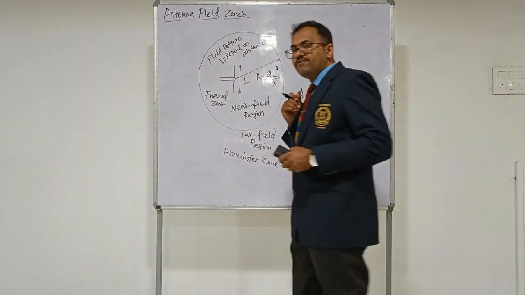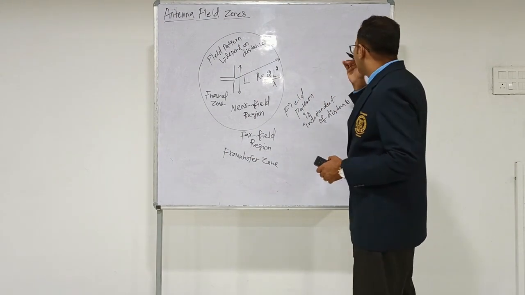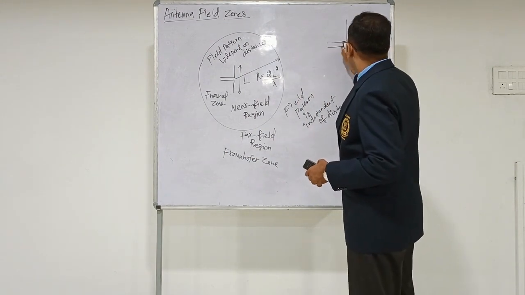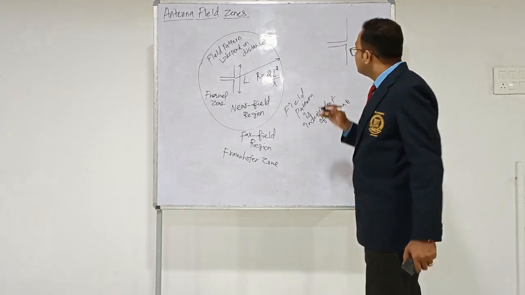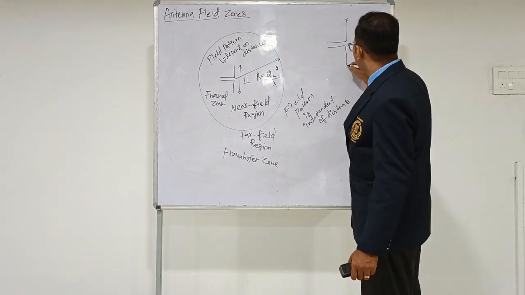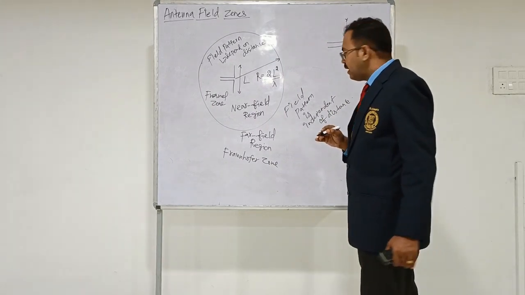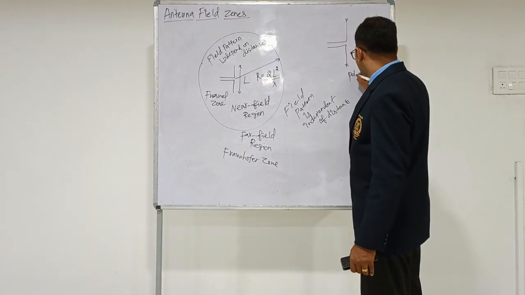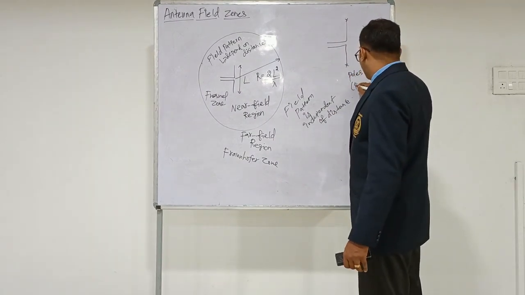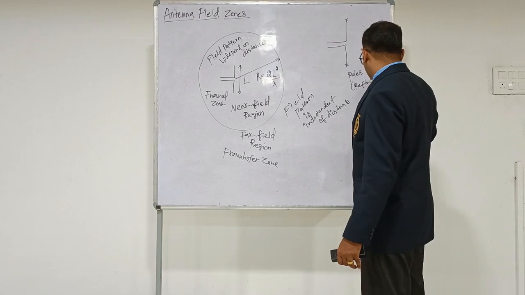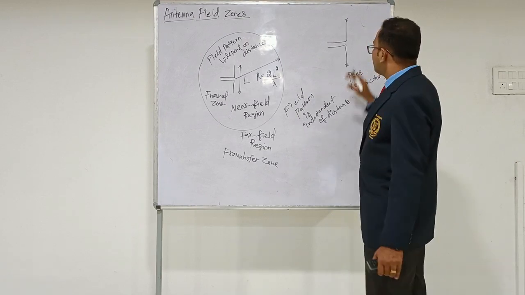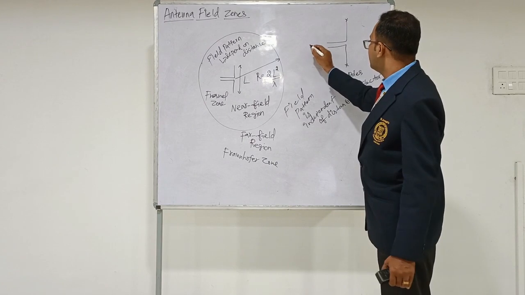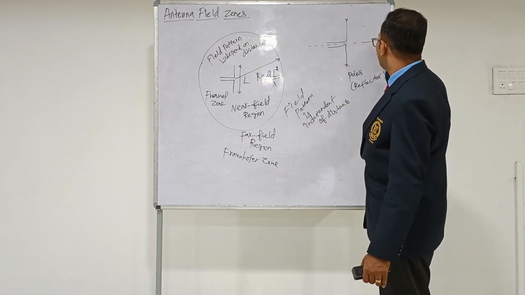Okay. Now, if you take a half-wave dipole, right? These endpoints, I call them as poles. Okay, here they will behave like a reflector. And the equatorial zone, this particular zone, this plane, equatorial plane.